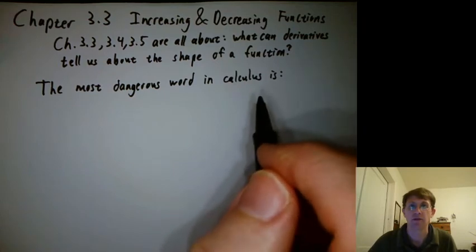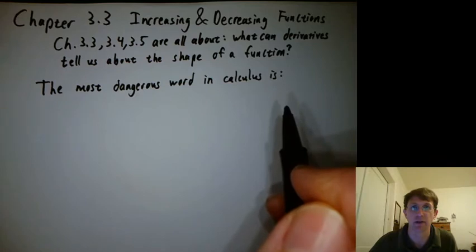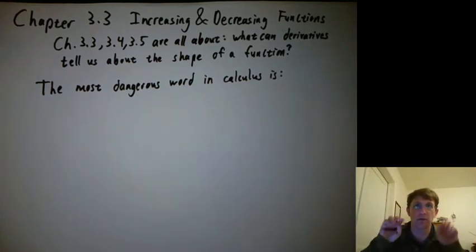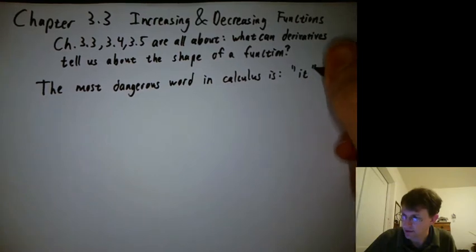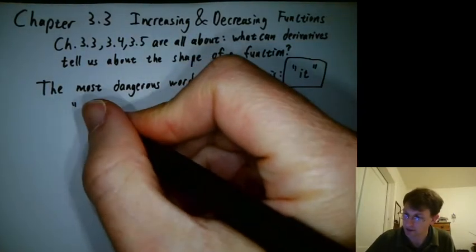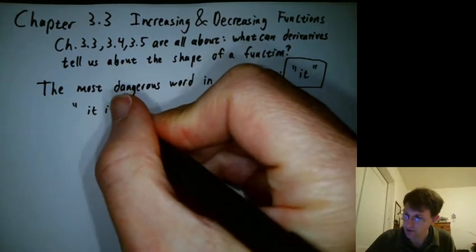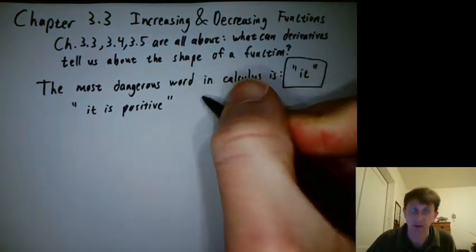Before we start, we need to warn everybody about the most dangerous word in calculus. Any guesses about what it is, other than word problems? It is "it." The dangerous part about it is that it's not very specific. It is easy to confuse. So if we say things like, "it is positive," what is positive?